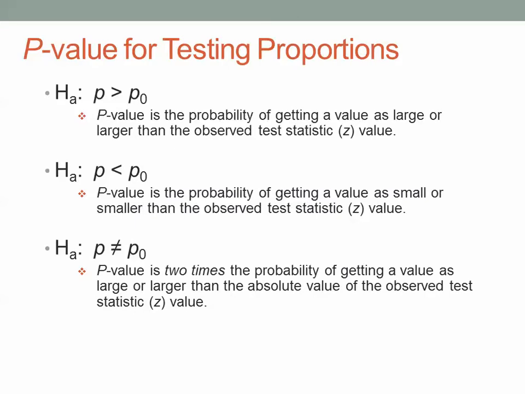We'll do that by taking the z-score and finding how far out that is in one tail and doubling it so we cover both tails. So think back to the normal distribution work that we did. When we have those z-values and we want to know how extreme they are, we want to find the probability that something is in those tails, which is the area under the curve in those tails.